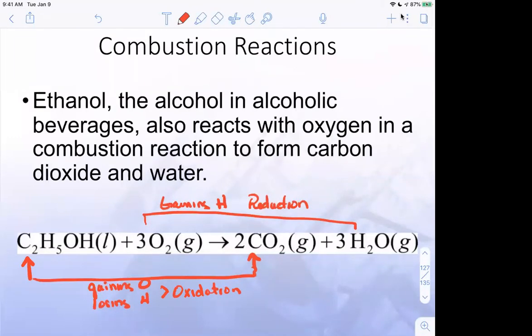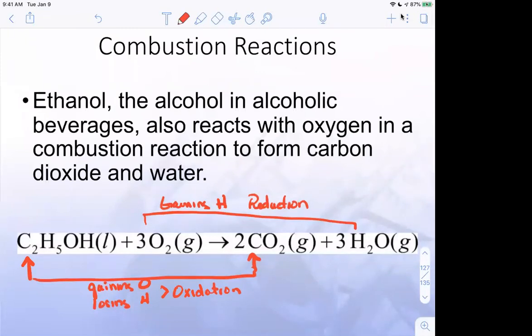So I can look at this reaction and decide what's happening in my transfer of electrons just by looking at the gain and loss of oxygen and the gain and loss of hydrogen. When I do that, I don't have to go through and assign all these oxidation numbers. I just have to track where my oxygens and my hydrogens are going and where they came from. And then I can do sort of an easier assessment in these particular cases.